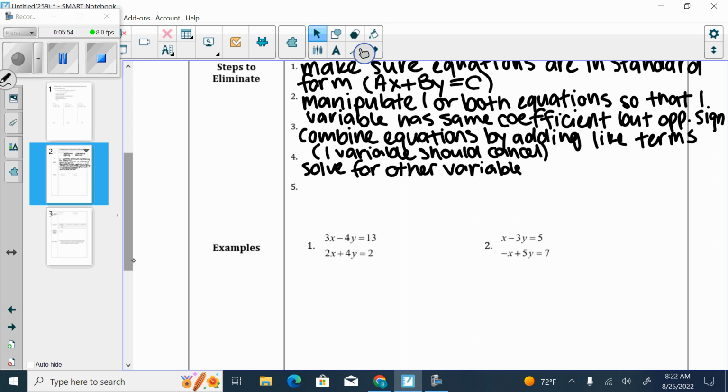And in order to do this, you would plug into an original equation to solve for the second variable.